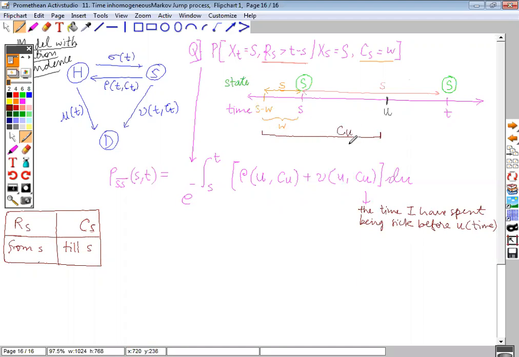Do you guys agree with this? So now what I will do is, instead of writing CU, I will write U minus, okay, let me just do this in here. So what will my CU be? U minus S minus W, because this is the time I know I am sick, right? Continuously. So this is what I will have.